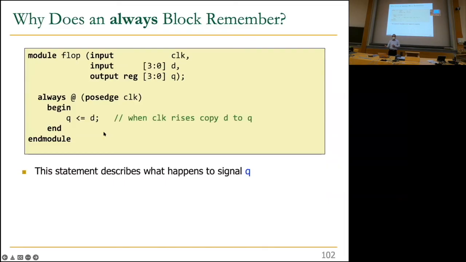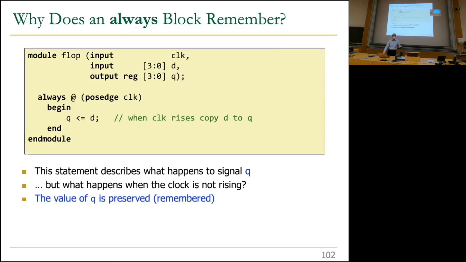Okay, so why does this always block remember? Meaning that's the basic of sequential circuits. Basically, the statement that you have in the always block describes what happens to signal Q, right? You should always ask the question, what happens when the clock is not rising? So this statement gets executed when the clock is rising at the positive edge of clock. So what happens when the clock is not rising? Well, that's the assumption we have in the D flip-flop. The old value of Q is preserved, basically. You remember whatever was captured the prior time you updated Q. That's why this remembers.